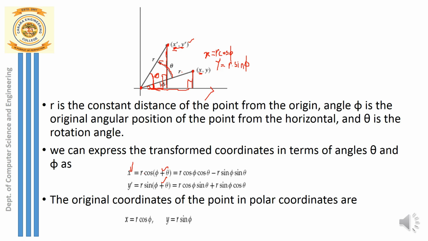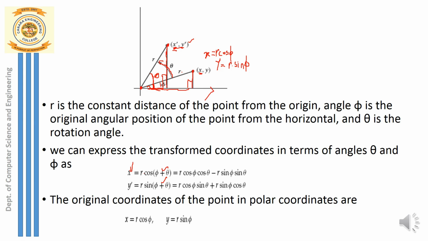And I hope you all know this simple formula. Similarly, this also I can expand: r into sin phi cos theta plus cos phi sin theta. So this is the formula that we have. As per that formula, you just expand these two equations and keep it ready.